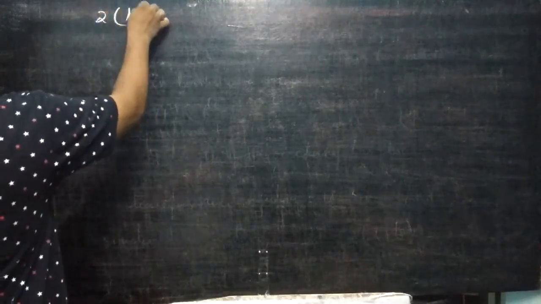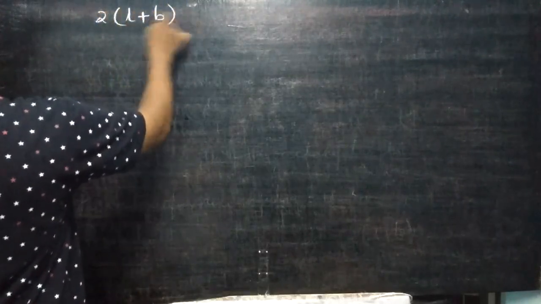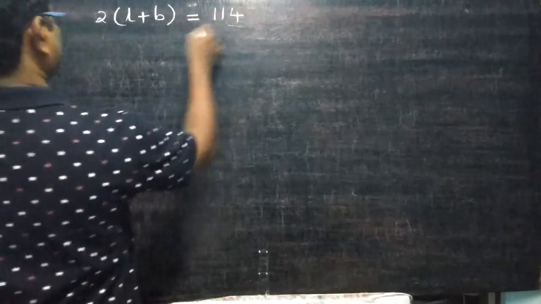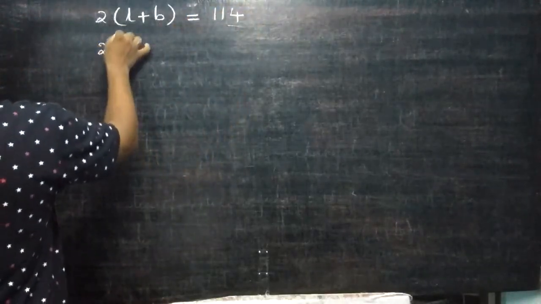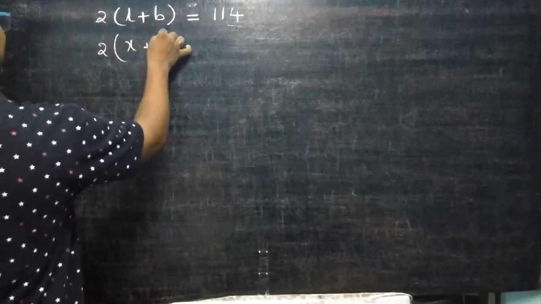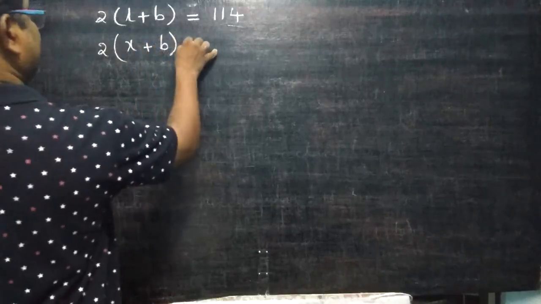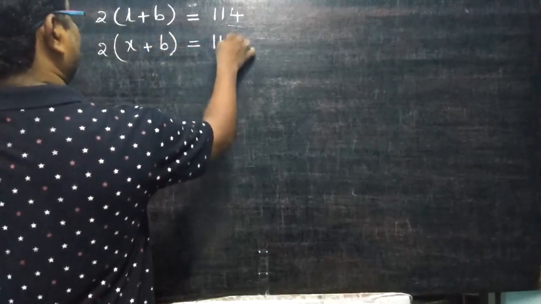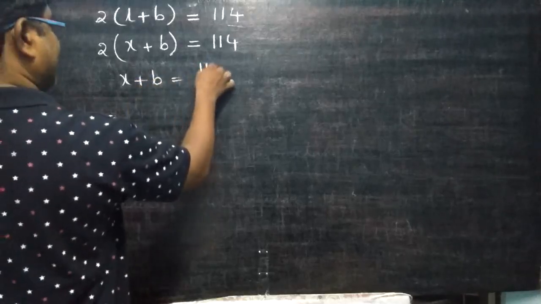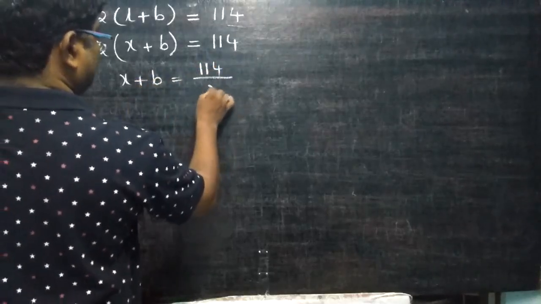Perimeter of a rectangle is 2 into (L plus B). They have given 114. 2 into length is x. We are going to find breadth. 2(x plus B) is equal to 114, so x plus B is equal to 114 by 2.